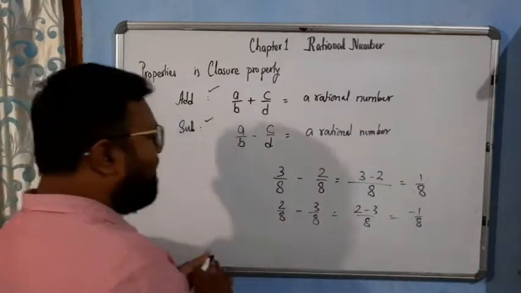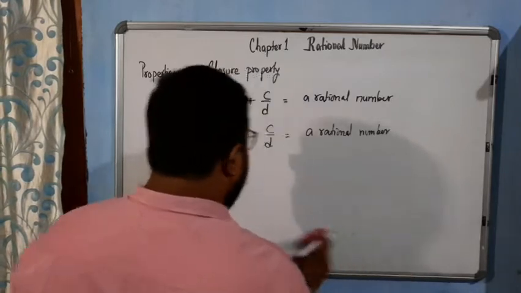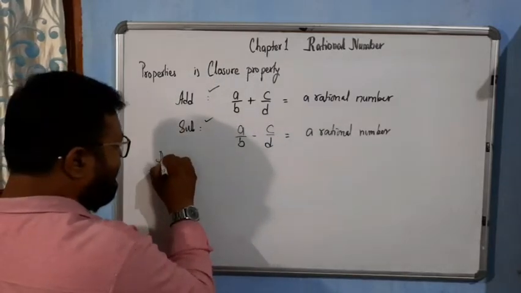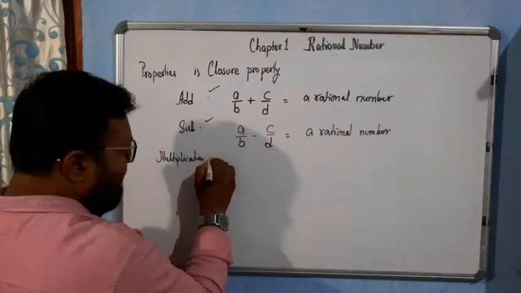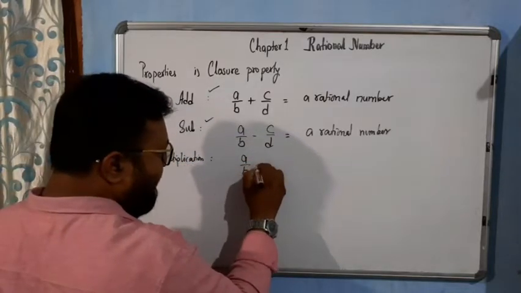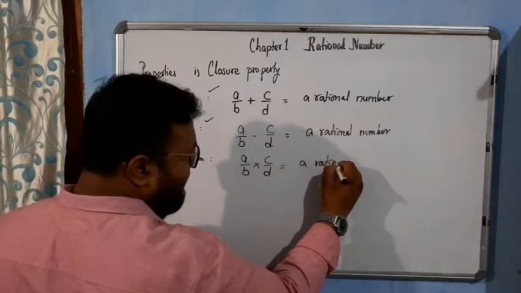Now come to multiplication. The third operation we will check is multiplication. a by b into c by d, whether we are getting a rational number or not. Let's check it.